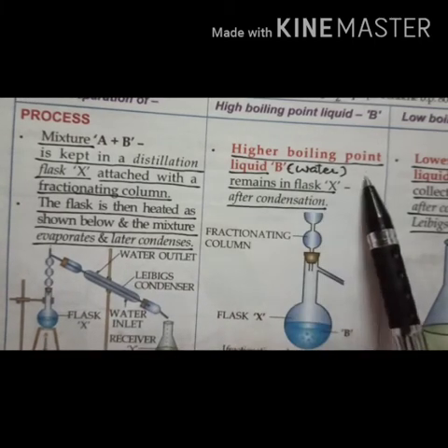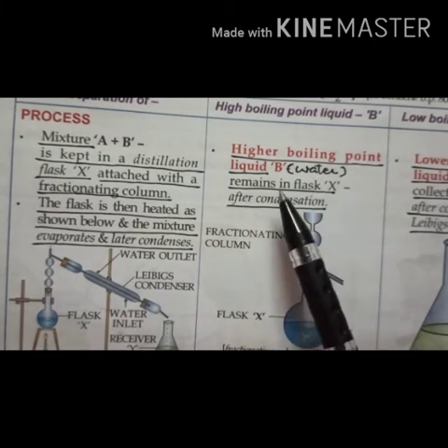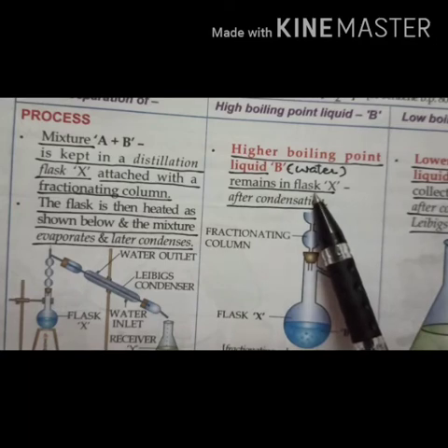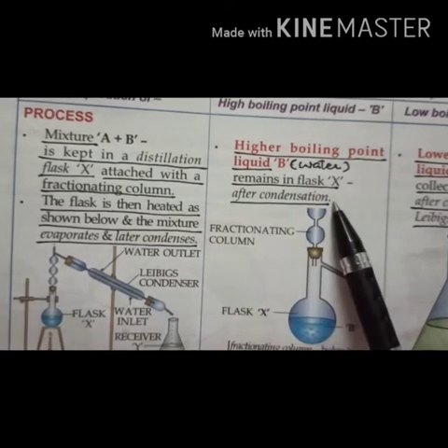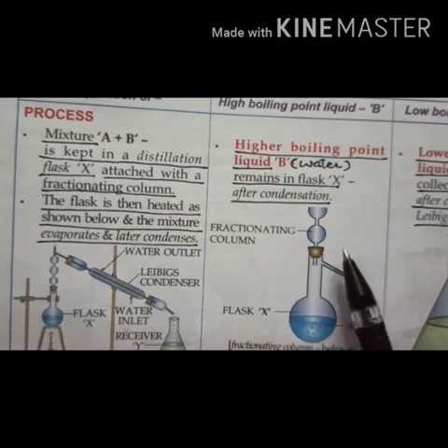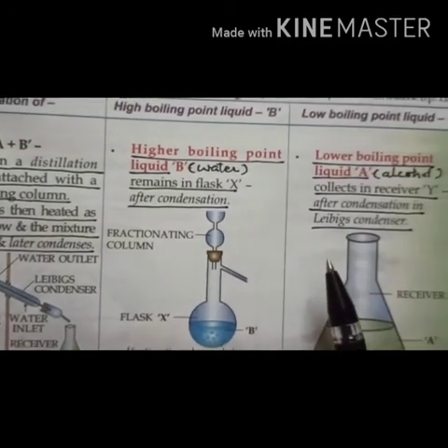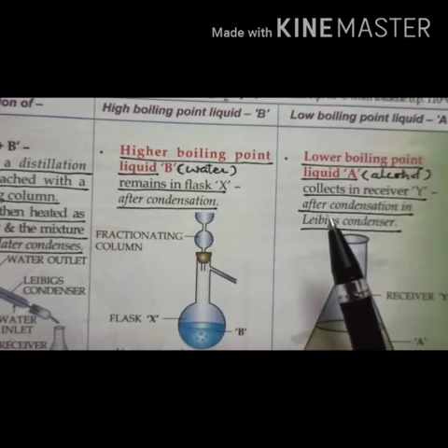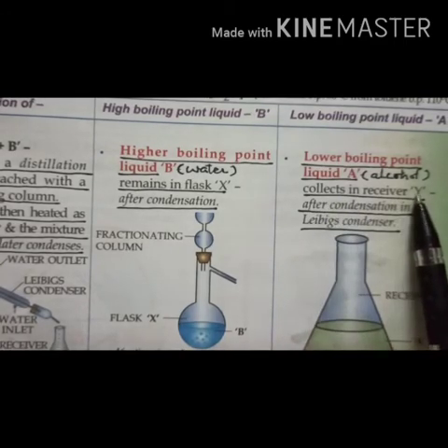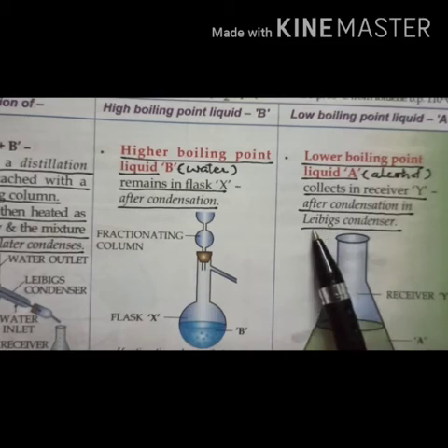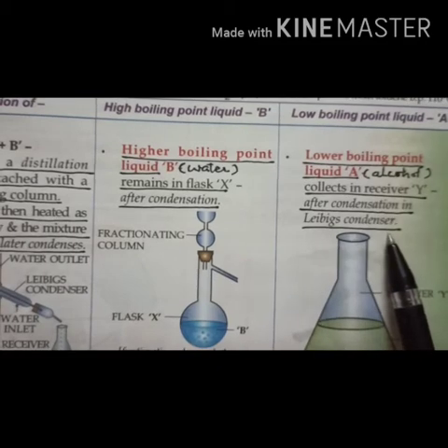The higher boiling point liquid, that is water, remains in the flask, while the alcohol, which has a lower boiling point, is collected in a receiver after condensation in the Liebig's condenser.